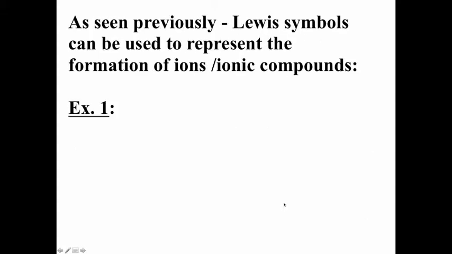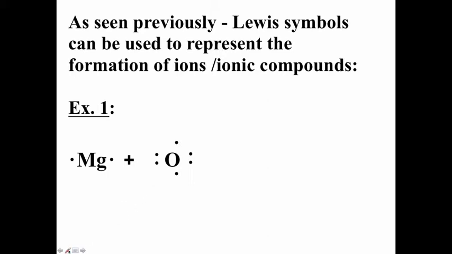So let's do one repeat of something we've seen before, which is Lewis symbols used to represent ions and ionic compound formation. So let's do the example of magnesium reacting with oxygen. Magnesium has 2 valence electrons represented by 2 dots. Oxygen has 6 valence electrons represented by 6 dots.